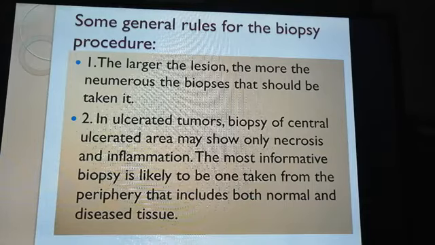The most informative biopsy is likely to be one taken from the periphery that includes both normal and diseased tissue. So, in an ulcerated tumor, do not take only from the center, which shows necrosis and inflammation. The most informative, we must take from the periphery.